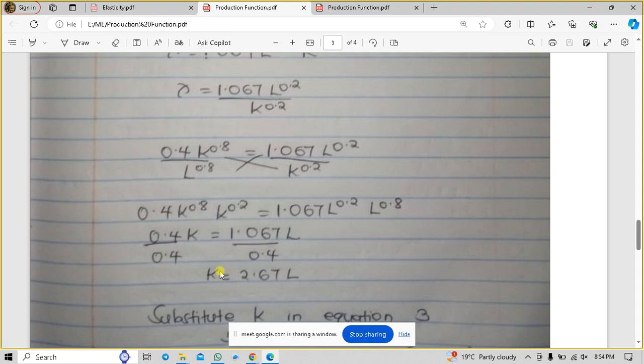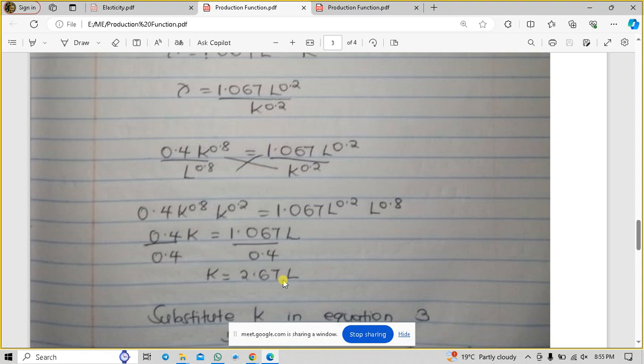Then you want to find the value of k. Divide both sides by 0.4. So this one will cancel out. K is equals to 2.67 L. That is the value of k.